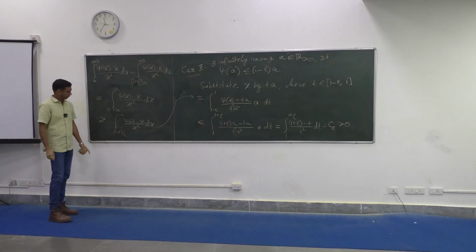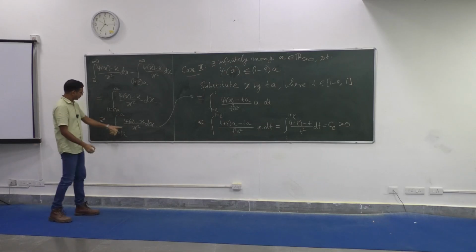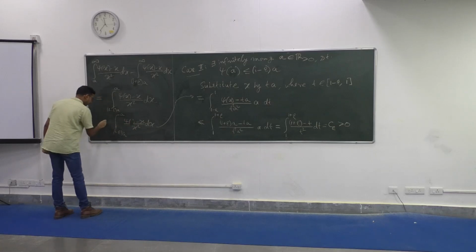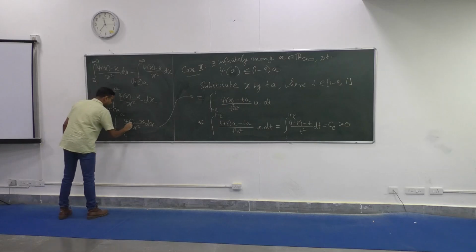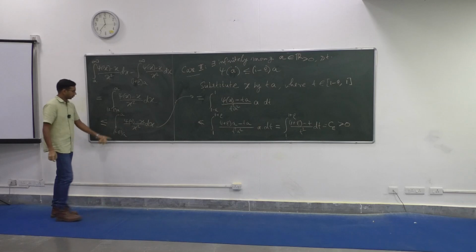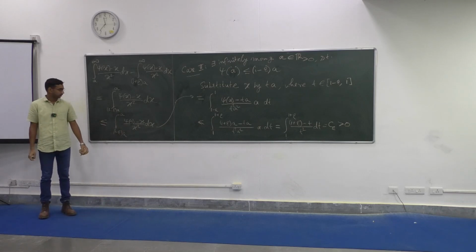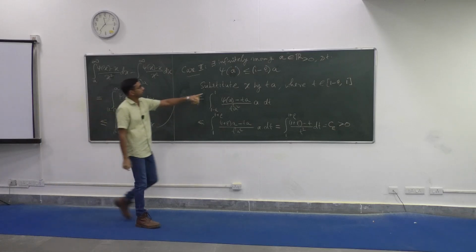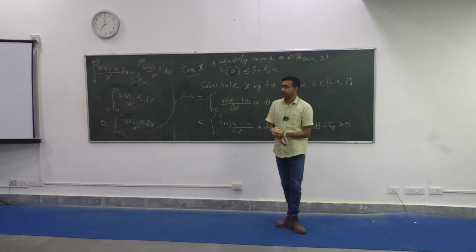Oh, this is the psi of t. Right. Here, it should be less than or equal to psi of t minus x by x squared. And you know that psi of a is now less than or equal to 1 minus epsilon times a.